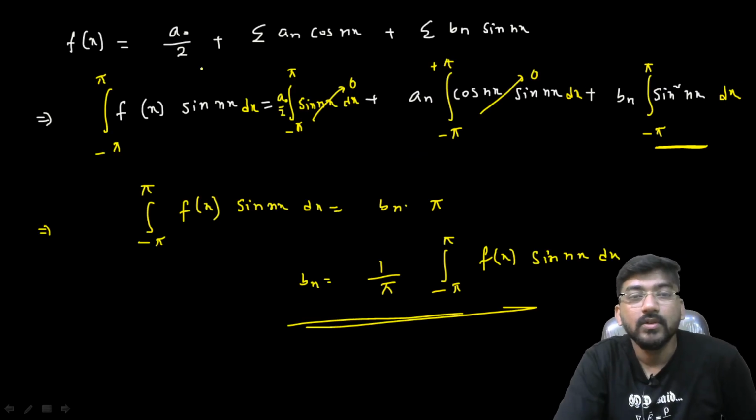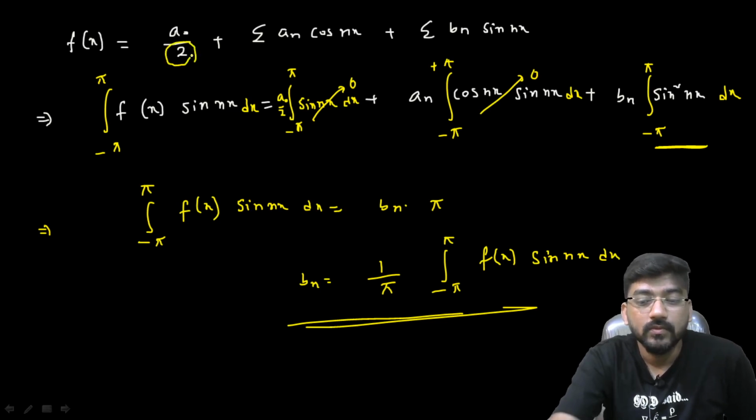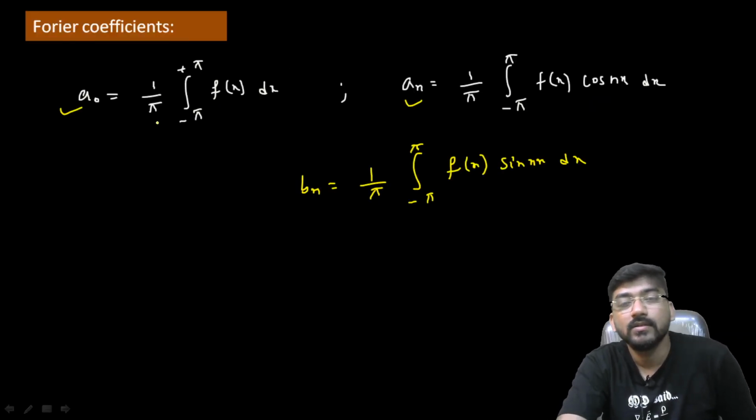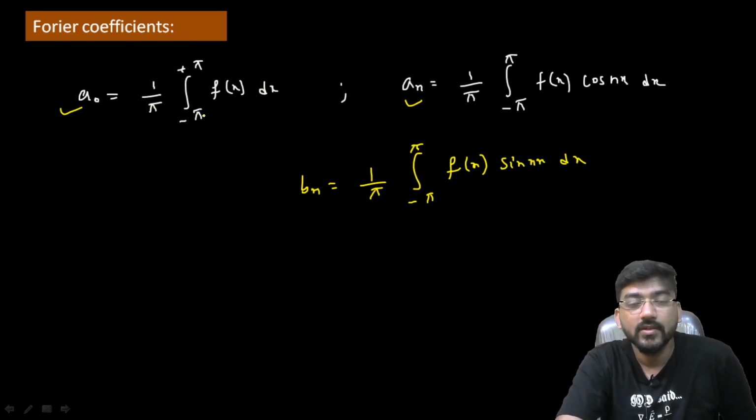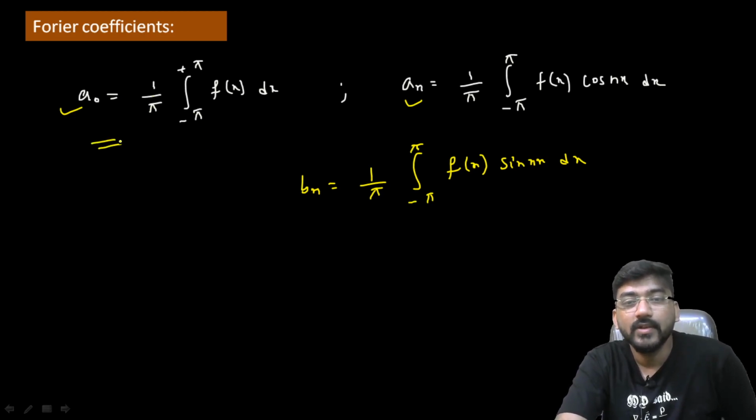If you don't use this factor 2, you will not get this 1 by pi. So to see the symmetry in the coefficients, we use a0 by 2 in the series.